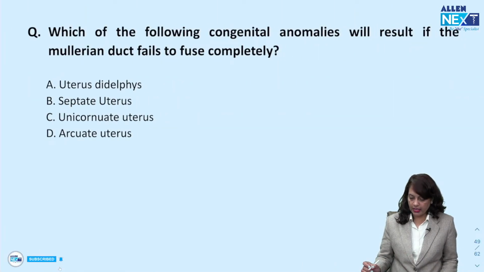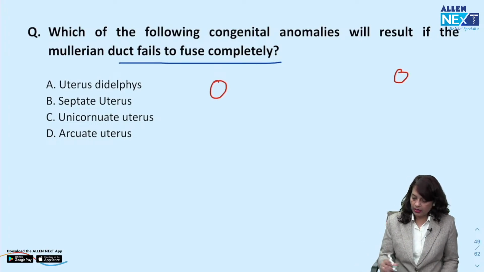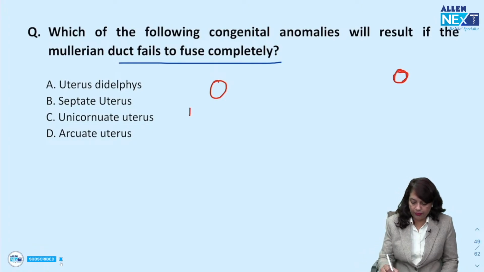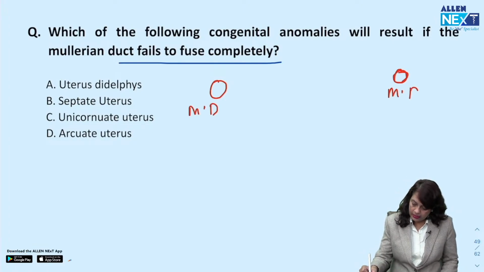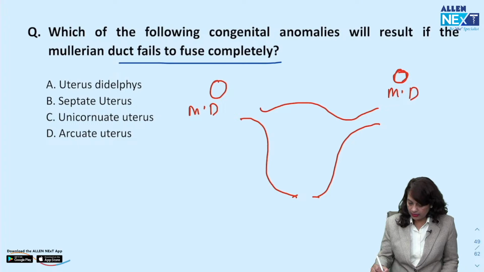Which of the following congenital anomalies will result when the Mullerian ducts fuse? There are 2 Mullerian ducts. If there are no male hormones in the intrauterine life, these Mullerian ducts fuse and form a single uterus, fallopian tube, cervix and upper portion of vagina.